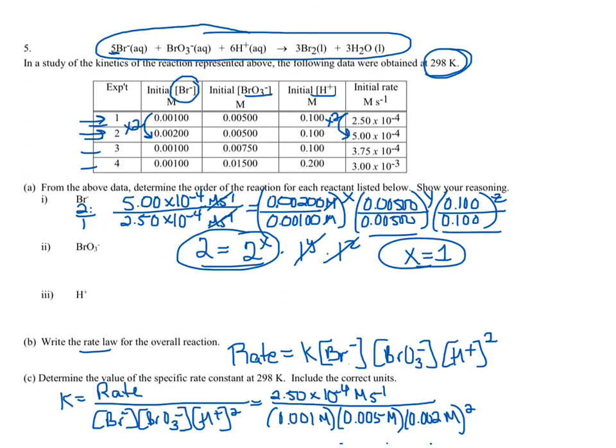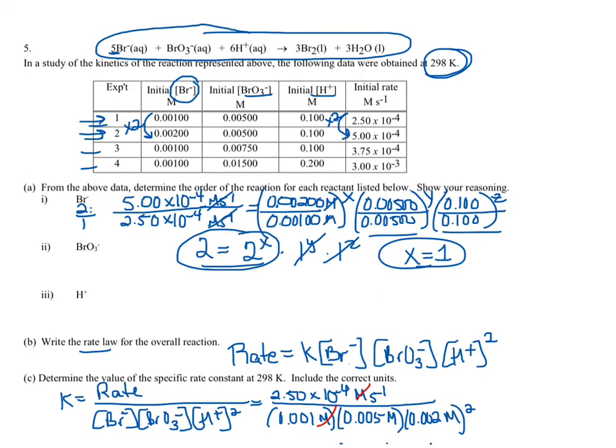The thing some people make mistakes on is in this last term: the square is not just the value squared, it's also the unit squared. So it's 0.002 squared and it's molarity squared. From here you can see what's going to cancel out. One of the molarities will cancel with the one in the denominator, and I'm going to have 3 molarities left in my denominator.